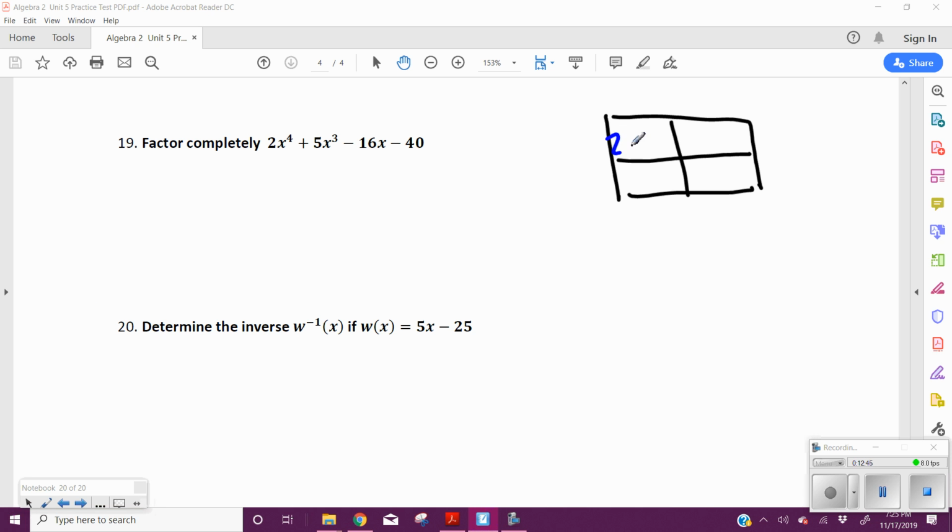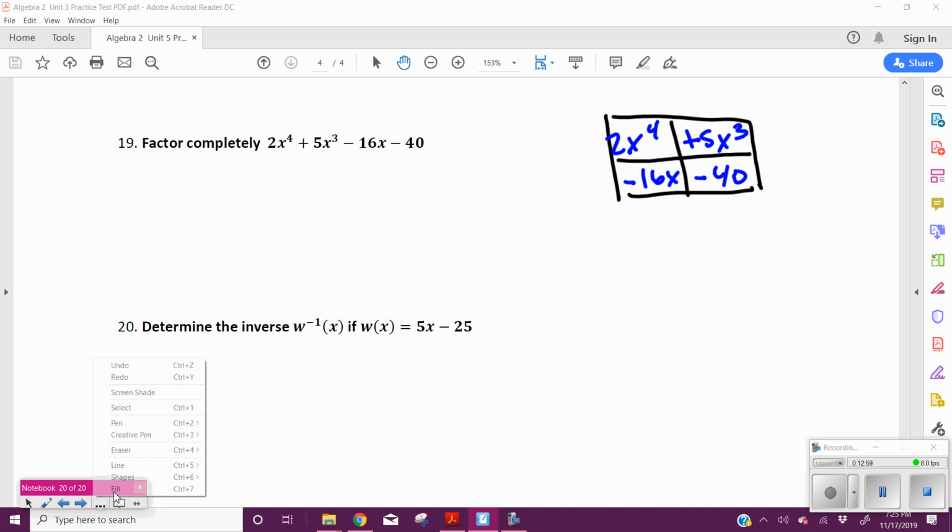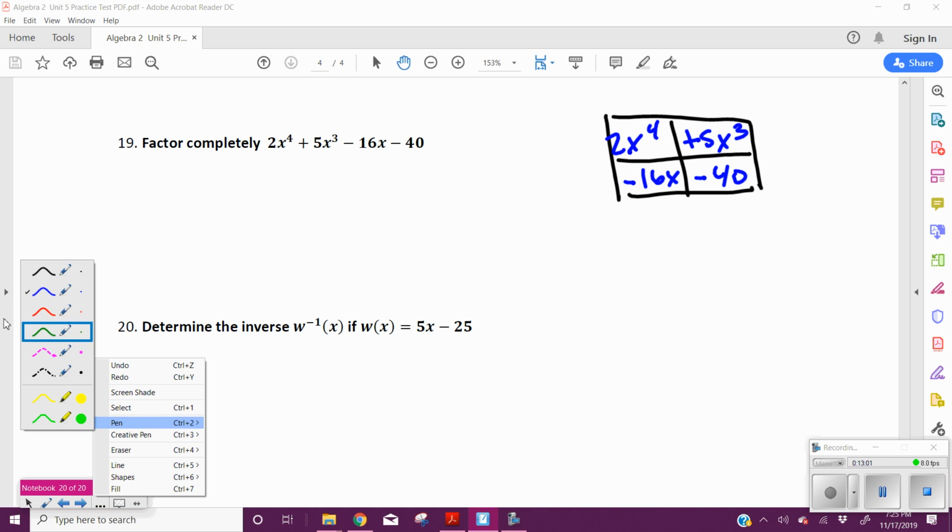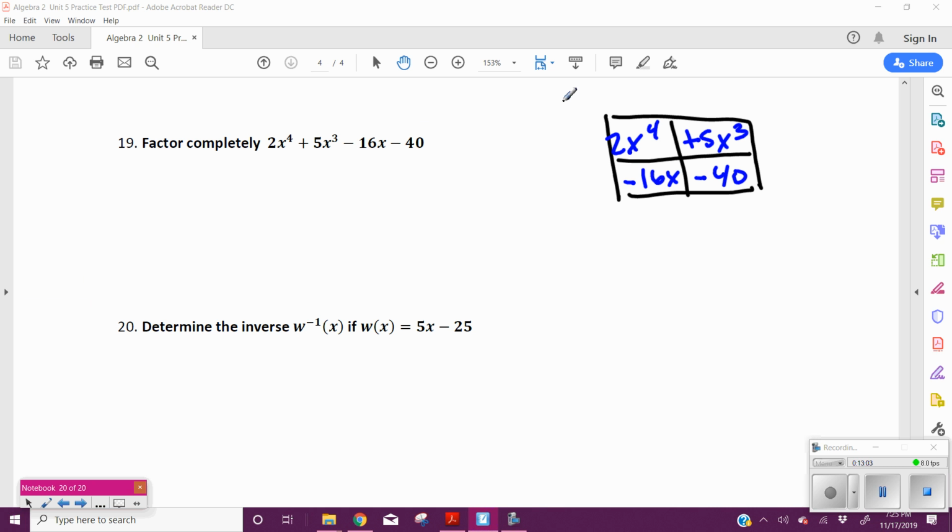So 2x to the 4th plus 5x to the 3rd minus 16x minus 40. So now I look at the top row and take out whatever GCF it has, and the only thing I recognize that they have in common is x to the 3rd. So what times x to the 3rd would give me 2x to the 4th?